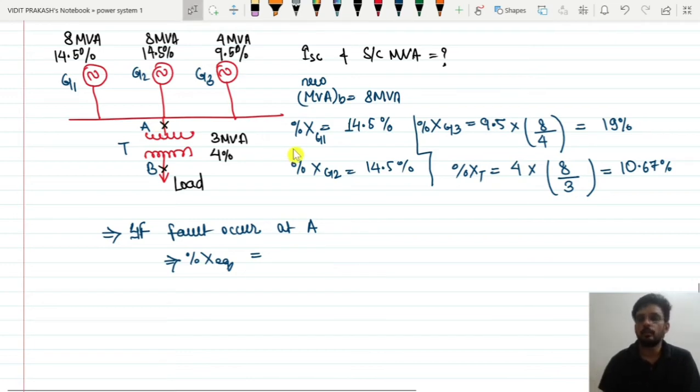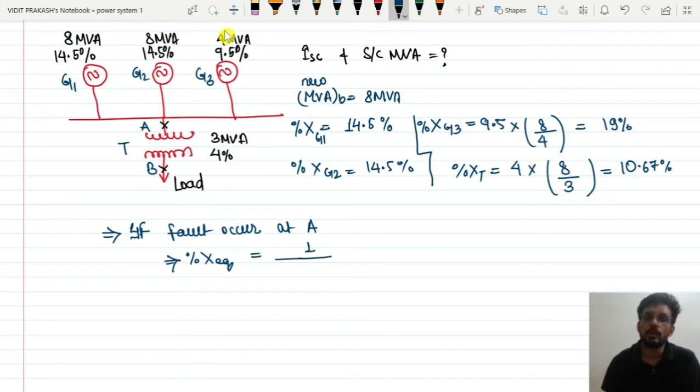So we'll calculate the equivalent percentage reactance if a fault occurs at A. If a fault occurs at A, then the equivalent percentage reactance will be 1 divided by 1 by 14.5, that is the percentage reactance of G1, plus 1 by 14.5, that is the percentage reactance of the second generator, plus 1 by 19, that is the percentage reactance of the third generator.